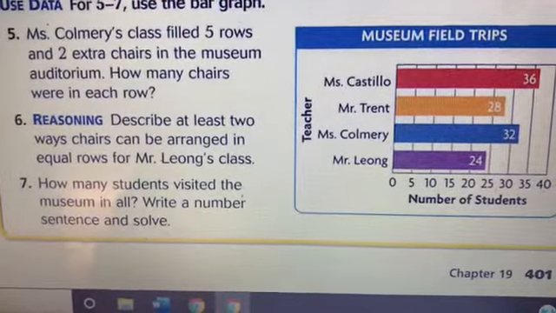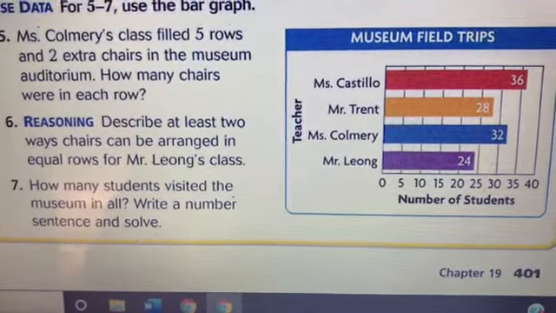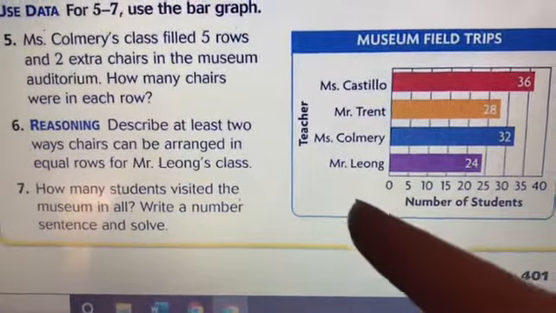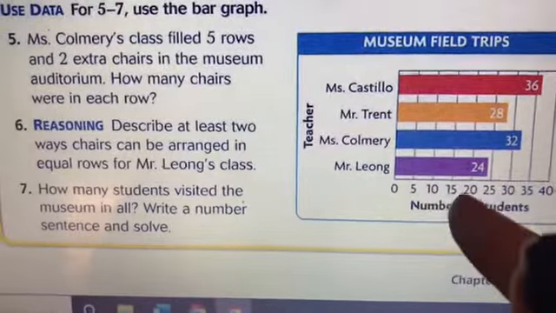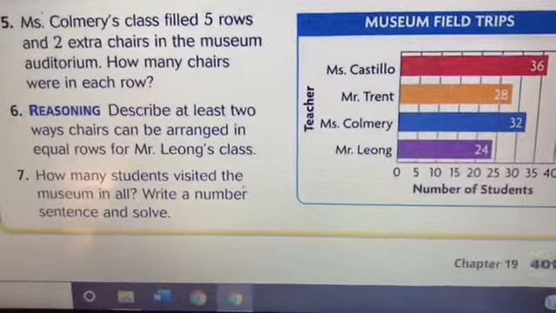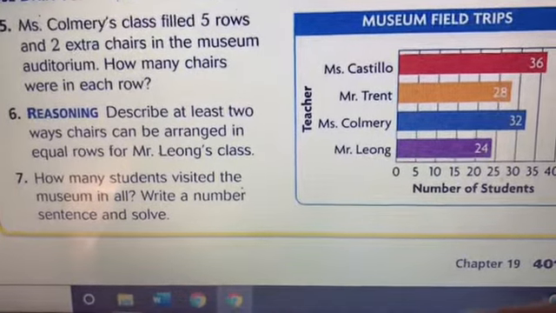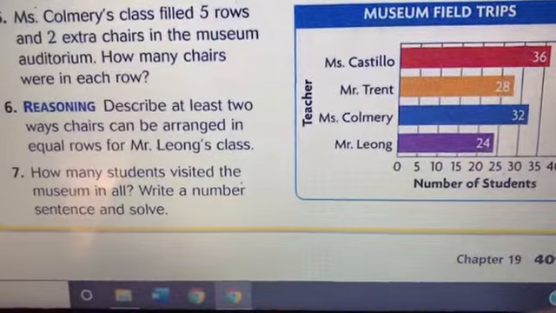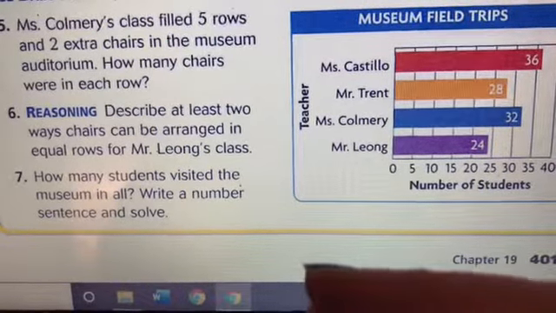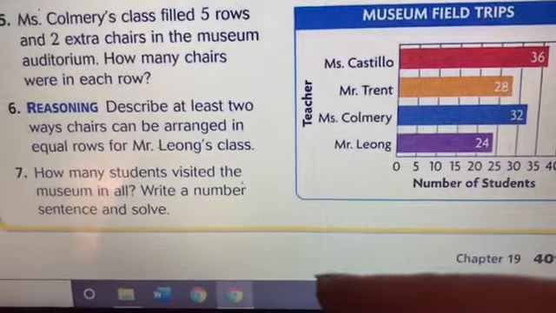Number 6, describe at least 2 ways chairs can be arranged in equal rows for Mr. Leong's class. So let's look at his classes in purple. He has 24. So maybe we can come up with 2 different division problems to explain how they can be equal. Well, he could do 2 long rows, right? 24 divided by 2 is 12.